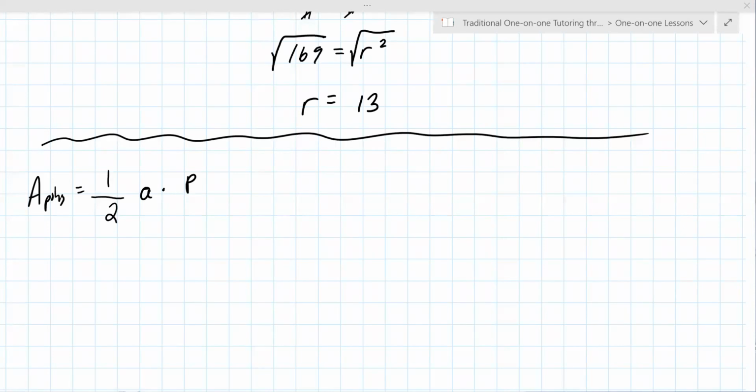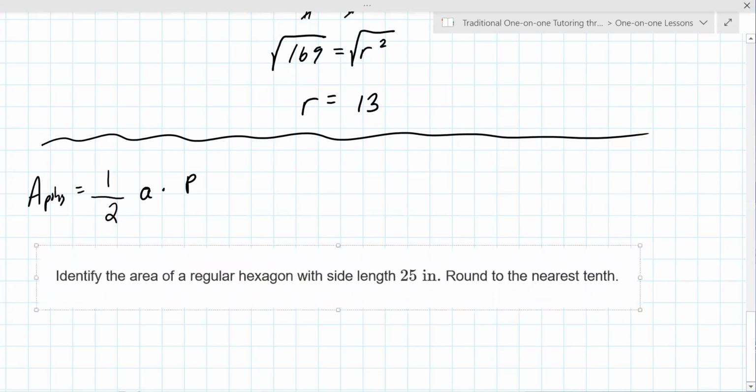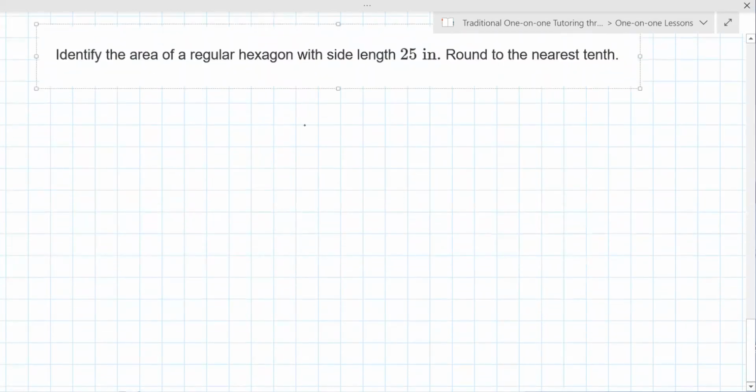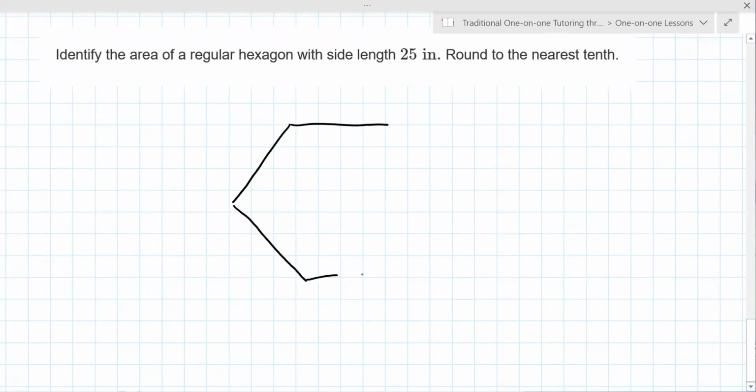Let's actually use a hexagon as an example, because we can draw this. It says identify the area of a regular hexagon. So a hexagon has 6 sides like this. It says each side length is 25.